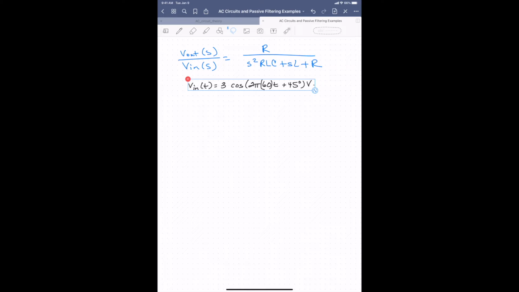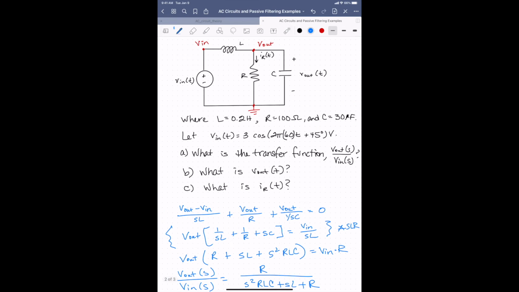What we note from this is that the frequency omega is equal to 2 pi times 60. From the transfer function, we get V out of S over Vn of S, and we'll plug in some specific values we have listed over here.